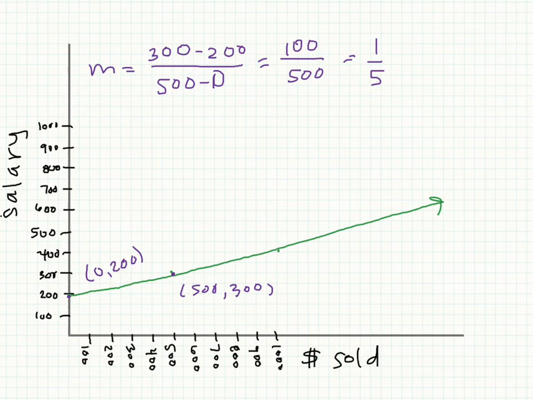And usually you will keep your slope as a fraction, but I'm trying to compare it to a number that's already as a decimal, 0.15. So I'm going to do 1 divided by 5, and we get 0.20. The y-intercept is found just by looking at where we touch the y-axis, which I've actually already labeled down here below, and it's 0, 200.